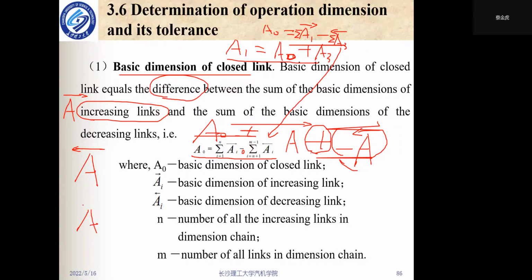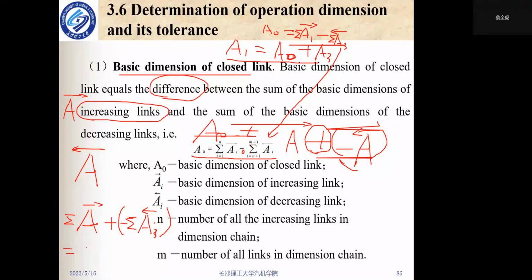We have increasing links by this symbol, and decreasing links by this symbol. If we have many, we use the summation symbol, but we add a negative symbol to the decreasing links, and then we add them.